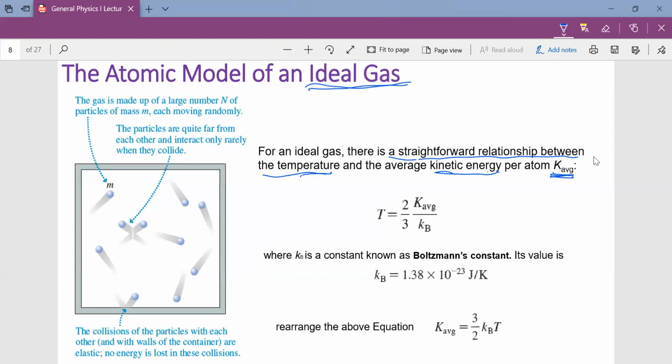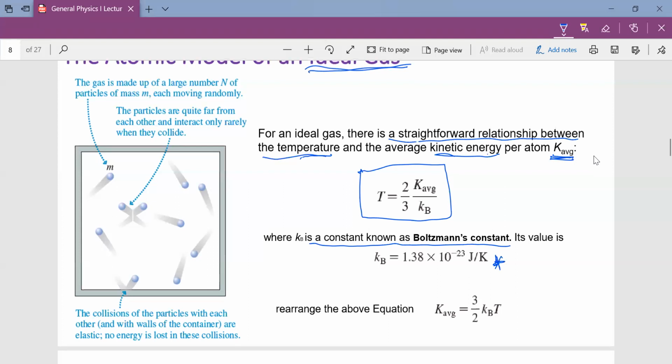The relationship between the temperature and the kinetic energy is given by T equals 2/3 times the average kinetic energy over KB. KB stands for the Boltzmann constant, which has a value of 1.38 times 10 raised to the power minus 23.